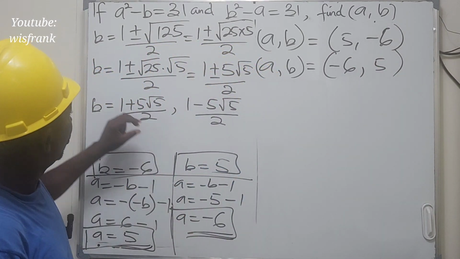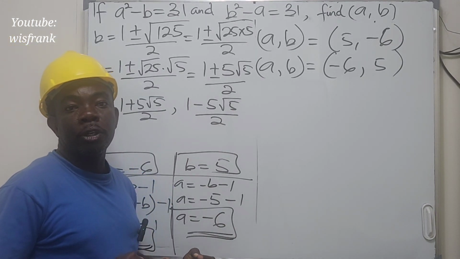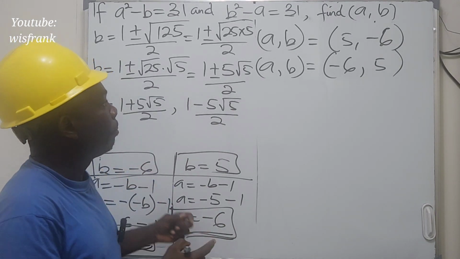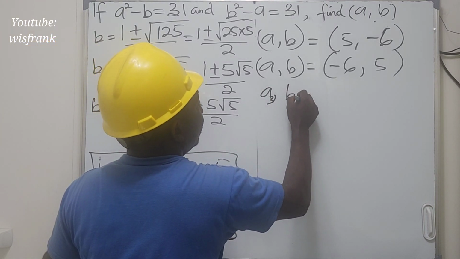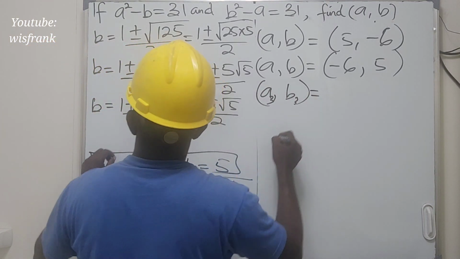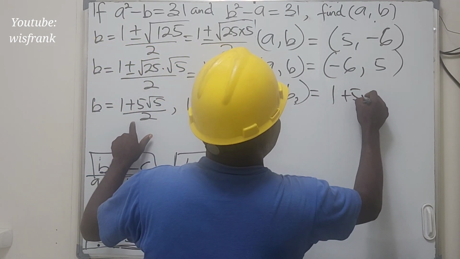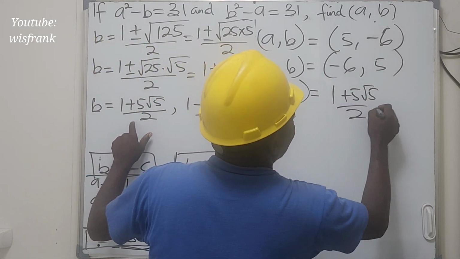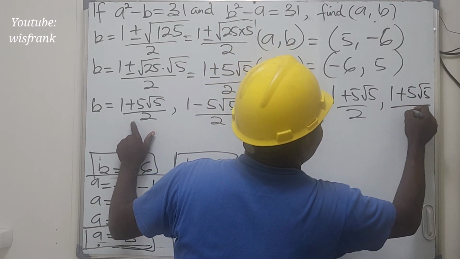So the second one, recall that we had from equation 3 that a equals b. So the values of a and b will be equal: for here we have 1 plus 5 root 5 all over 2 and also 1 plus 5 root 5 all over 2.